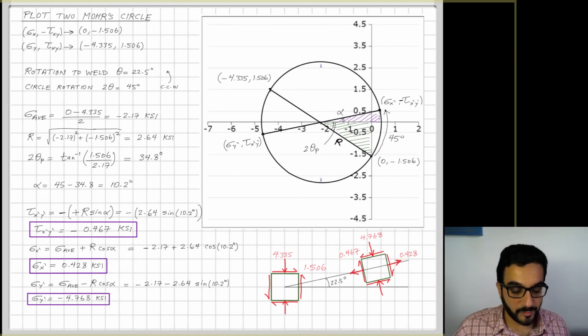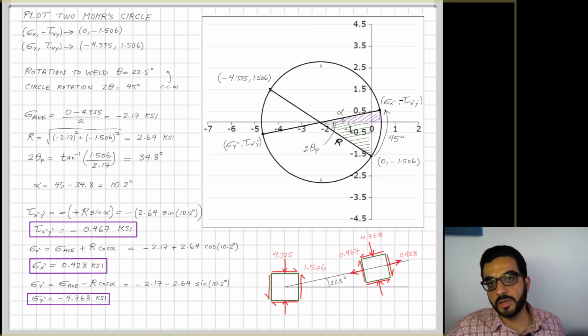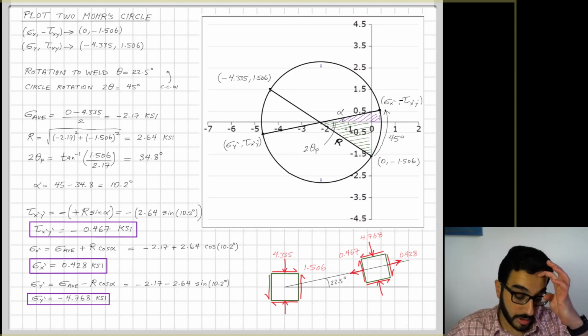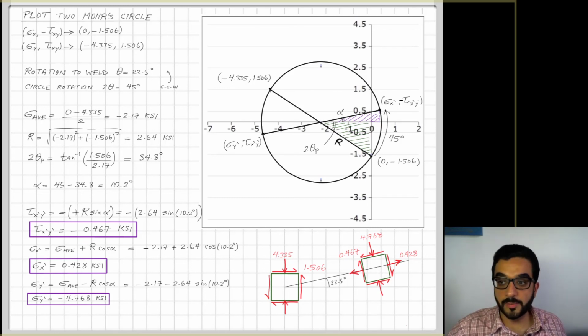So that's the second example of using the Mohr circle to transform stresses from one orientation to another. As you can see, I always start with drawing the circle, finding the center of the circle, sigma average, finding the radius r, and plotting the line that corresponds to the initial stresses that I have.